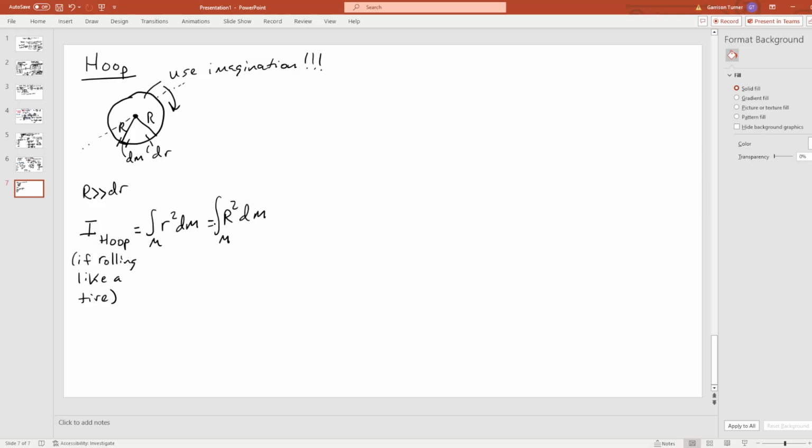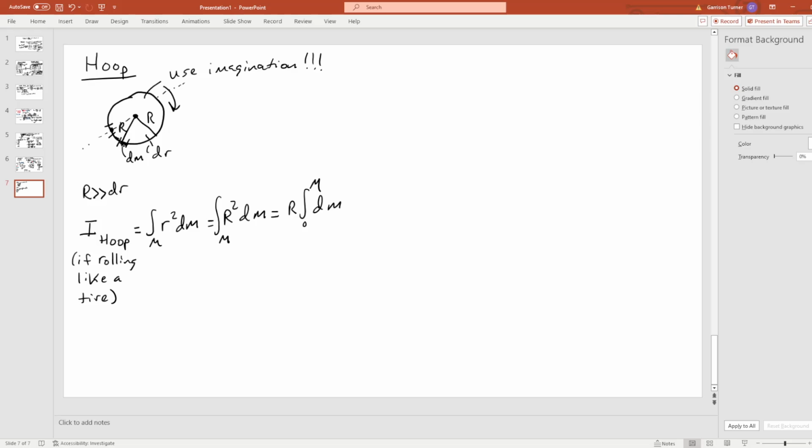But since each mass piece lies at the same distance away, this r squared is constant, so it can come out of the integral. And I just integrate my way around the hoop. And so I just take this little mass piece dm and add this little mass piece dm and go all the way around the hoop.